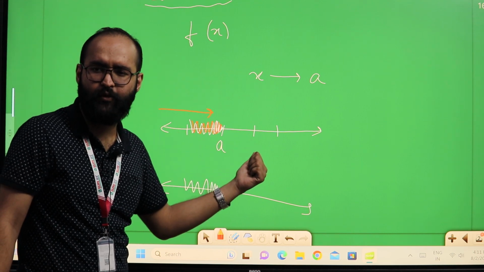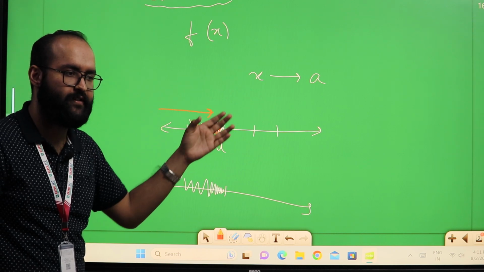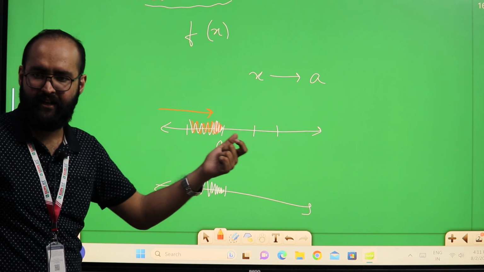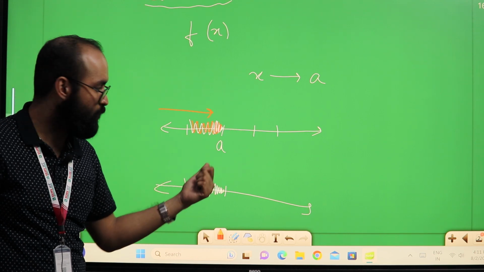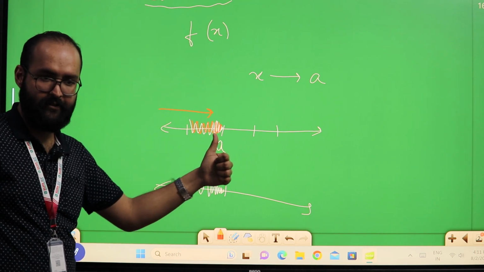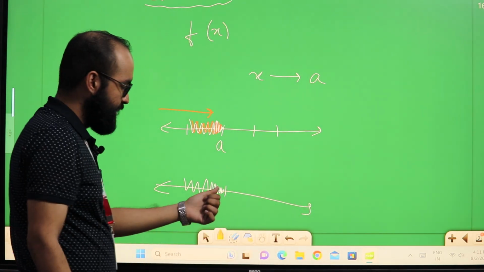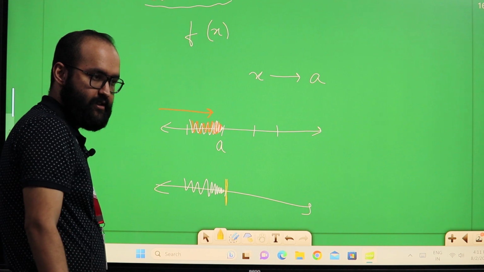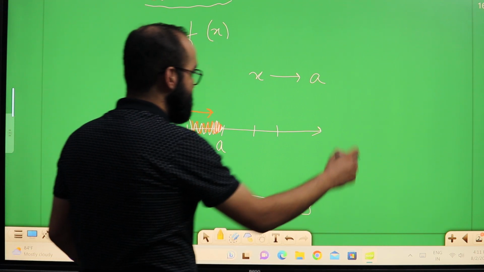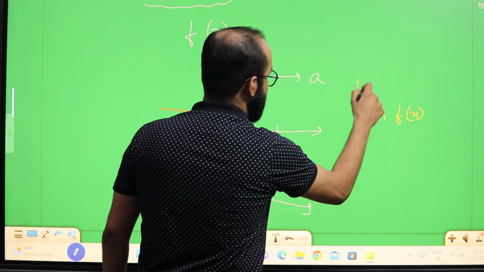Say, suppose if a is 1, x can start from 0.2, 0.3, 0.5, 0.8, 0.9, 0.99, 0.99999 like that, coming to 1 from the left side. Then the value towards which f(x) will also behave in a similar way will be called the what? Left hand limit of f(x).